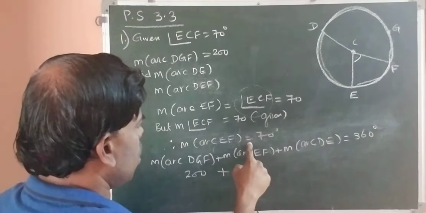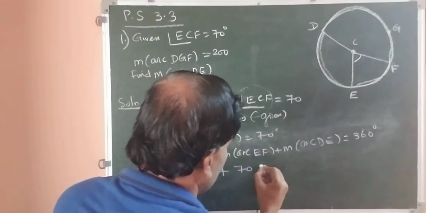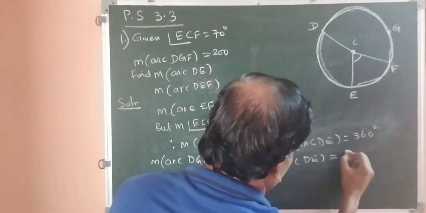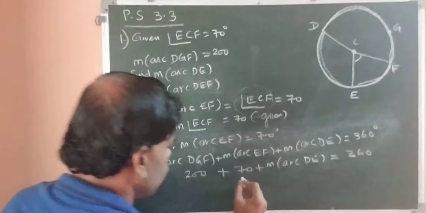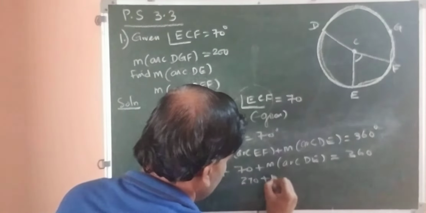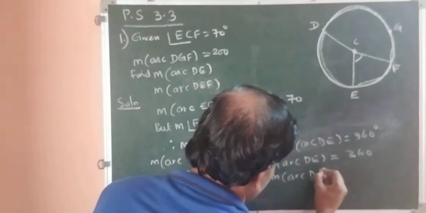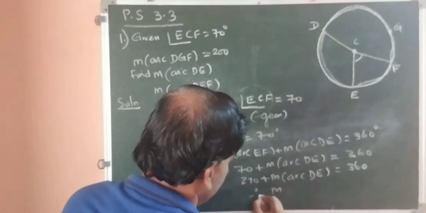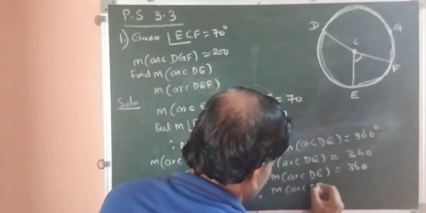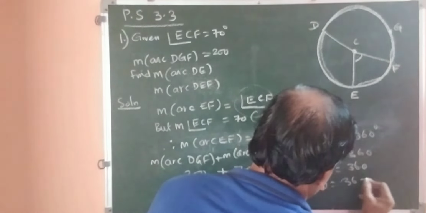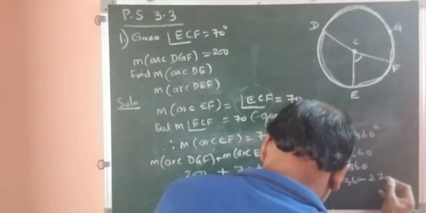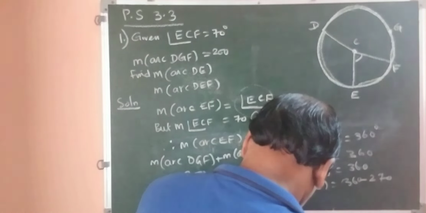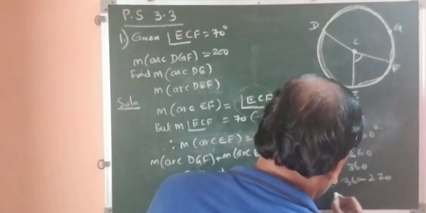EF we got just now, it is 70, plus measure of arc DE equals 360. So 270 plus measure of arc DE equals 360. Therefore, measure of arc DE equals 360 minus 270, which is 90.